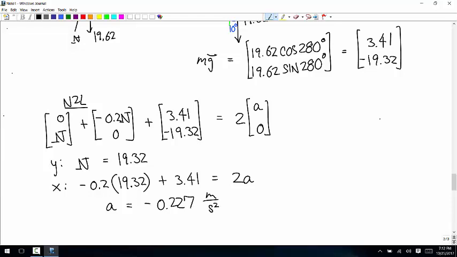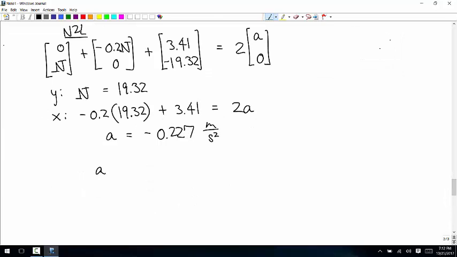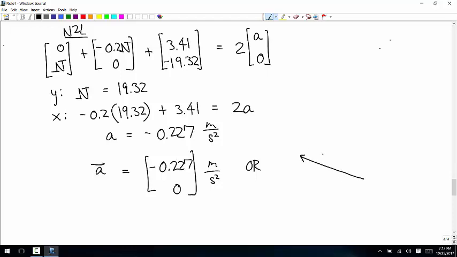And plug that back into the acceleration vector, and you get an acceleration of negative 0.227, 0, in the negative x direction, with a magnitude of 0.227.